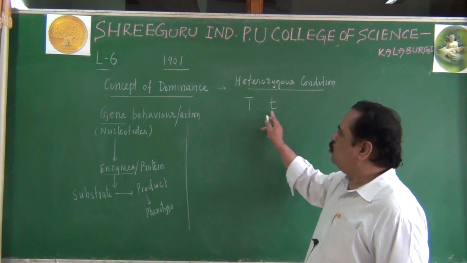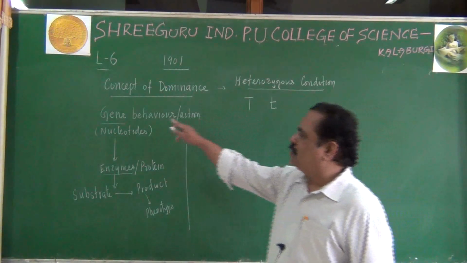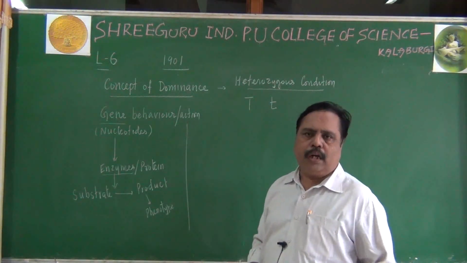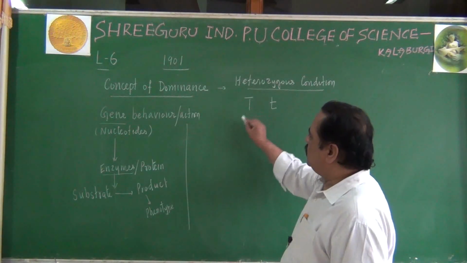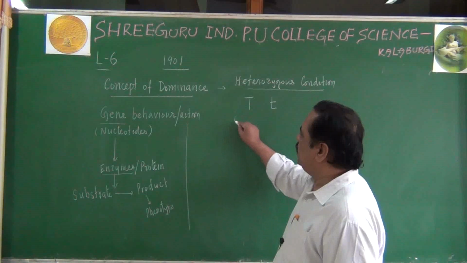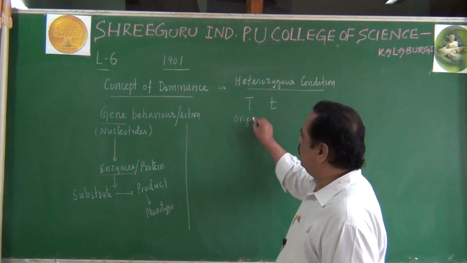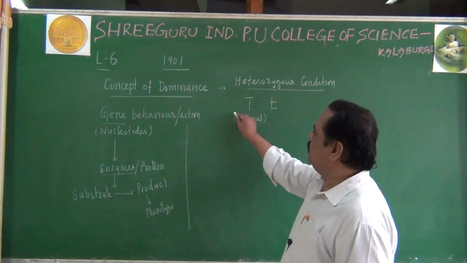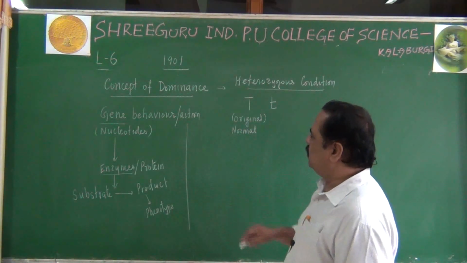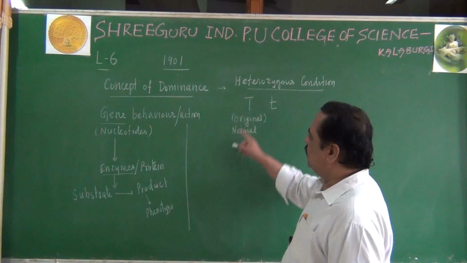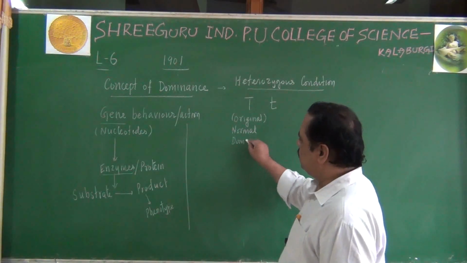Imagine these two are the alternative forms of a gene. I told you, alternative forms. Now, let us imagine capital T is the original gene. It is the original gene, or it is the normal gene, imagine, or otherwise it is the dominant gene, we can say.